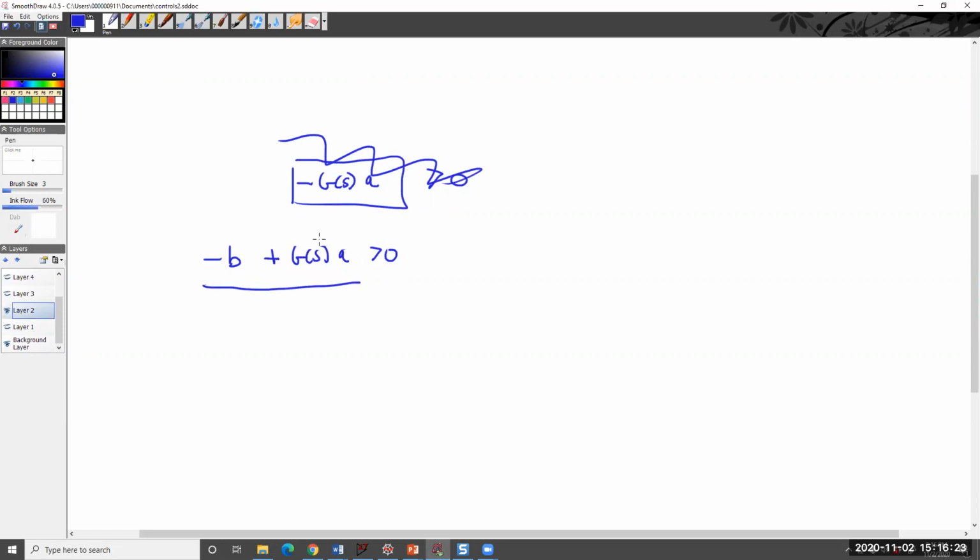I'll just throw out some possible G of S's. One is K, where we just multiply it by something. Another one could be K times S, which is a derivative type feedback function. And one could be K divided by S, which is an integrative type feedback function.